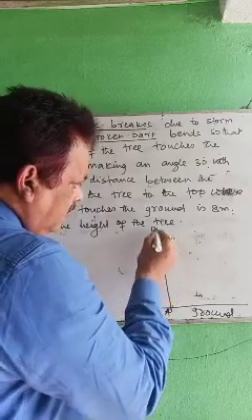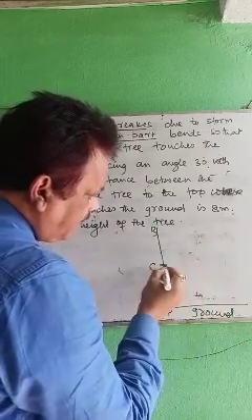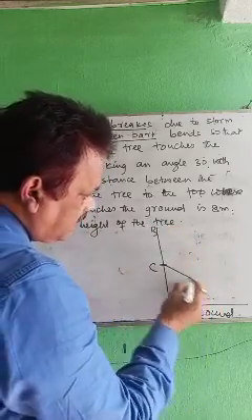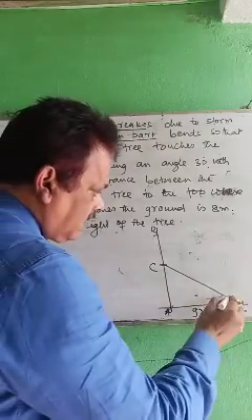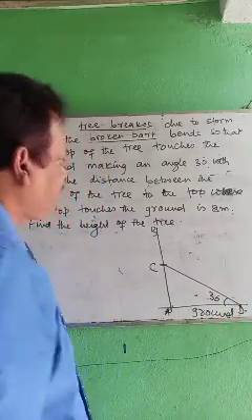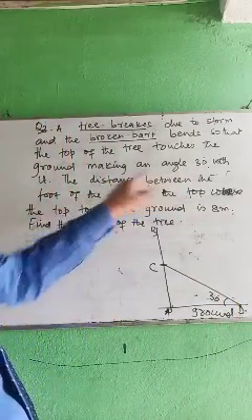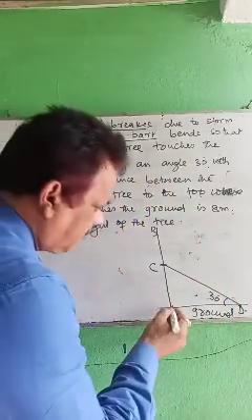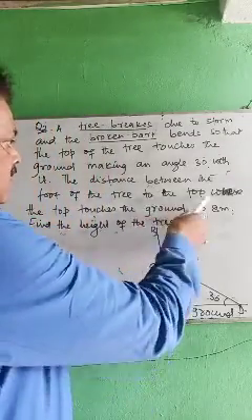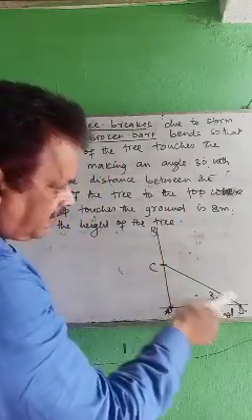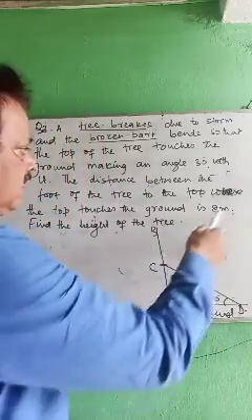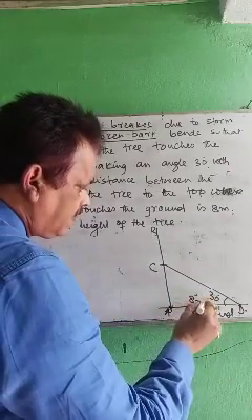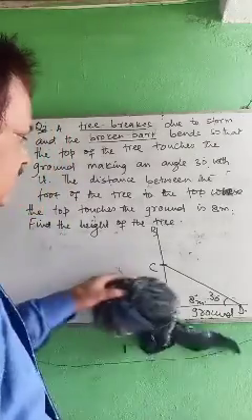Suppose C is here. Point B comes here because this part is broken and touching here. Suppose this is point D, making an angle of 30 degrees with it. The distance between the foot of the tree and the top where it touches the ground is 8 meters. Find the height of the tree.